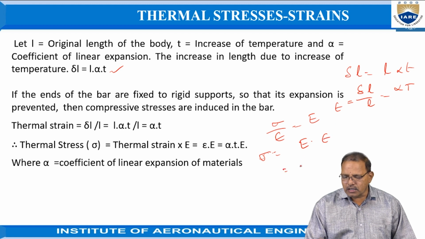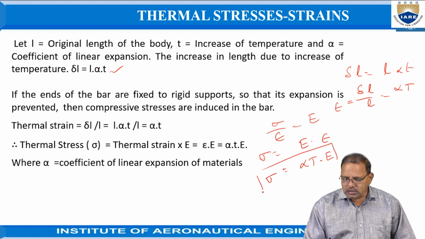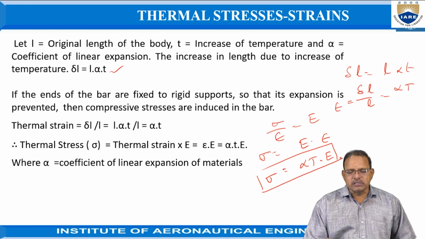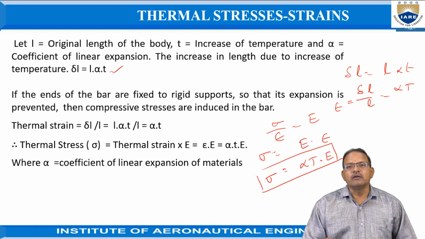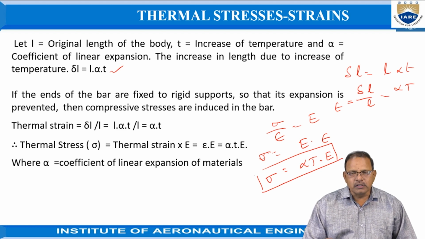Epsilon is already alpha into T, the strain, so stress is E into alpha into T. These stresses are produced without external forces acting on the body; they arise only because of the change in temperature.